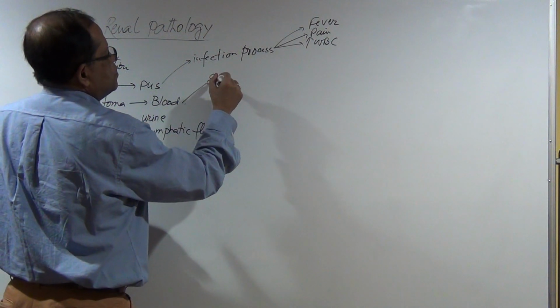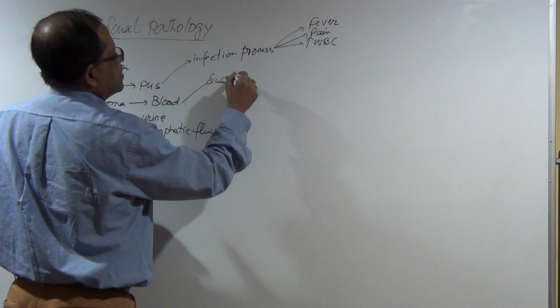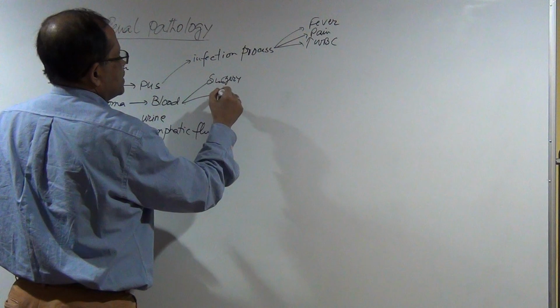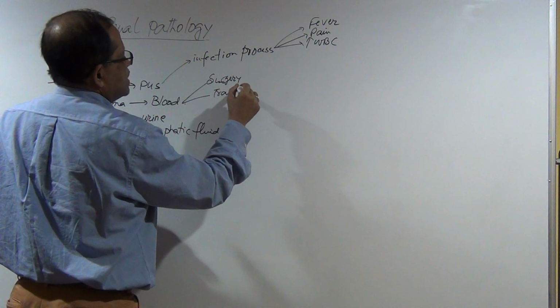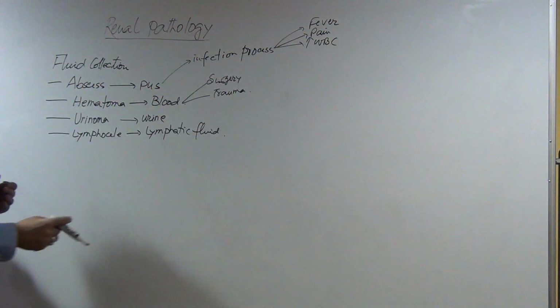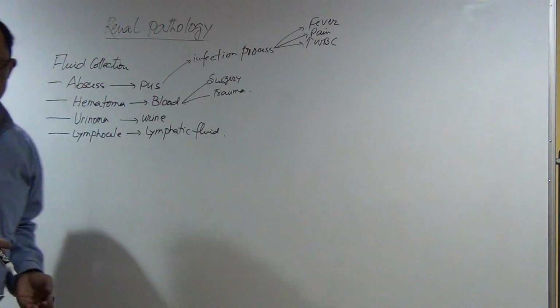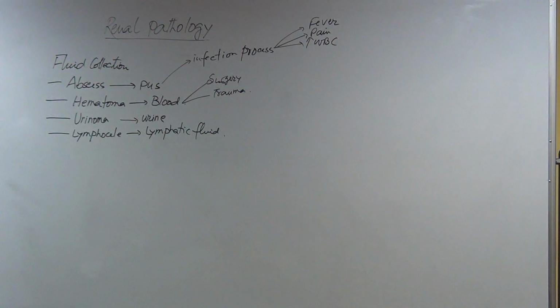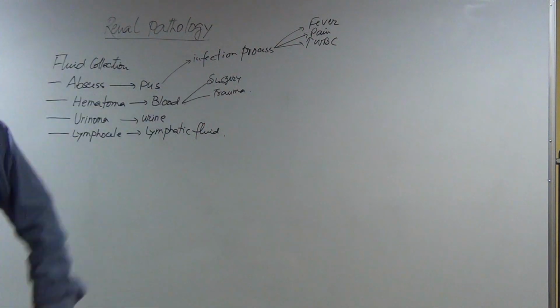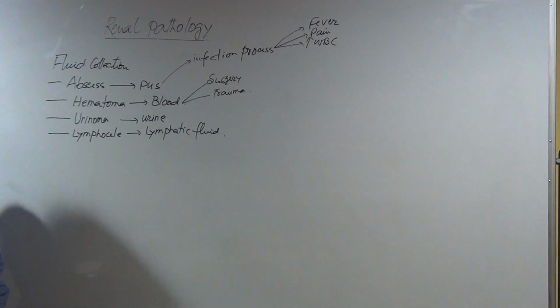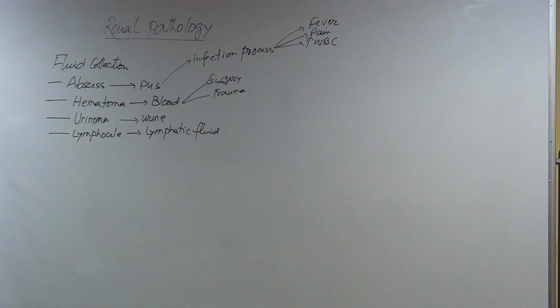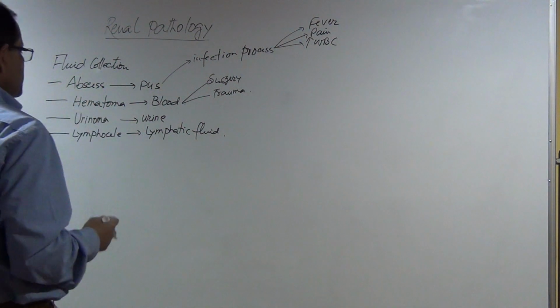There's a history of surgery and trauma. You can rule it out by taking the history. Patient will say, oh, 10 days before I had a surgery. Oh my God, yes, 7 days before I fell from a height and I have this situation.